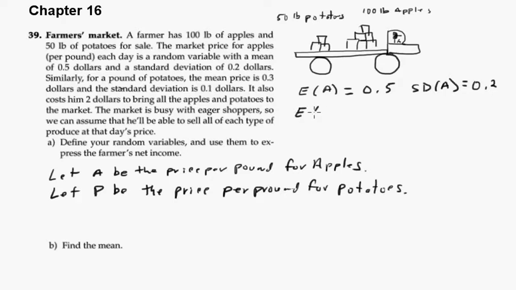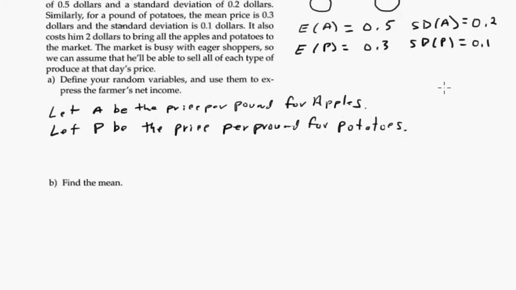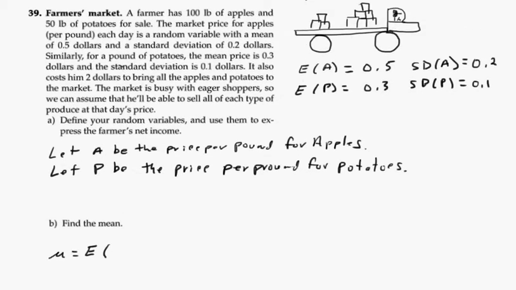And the expected value for potatoes is going to be 30 cents, looks like, with a standard deviation of 0.1, so 10 cents. So it varies a little bit, not a lot. Okay, so find the mean. So that would be the expected value. So mu, the mean, is the expected value, and he's taking both to market.